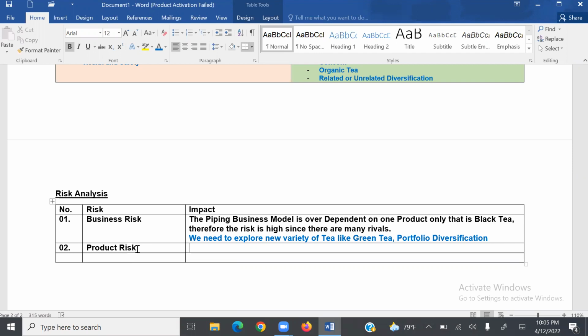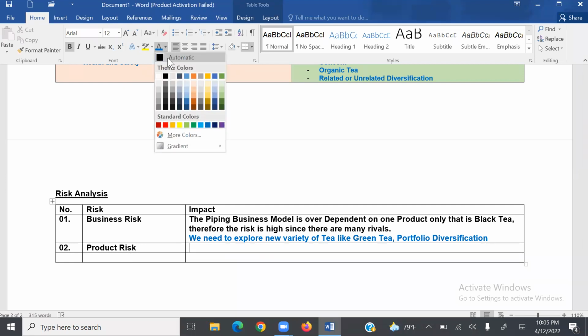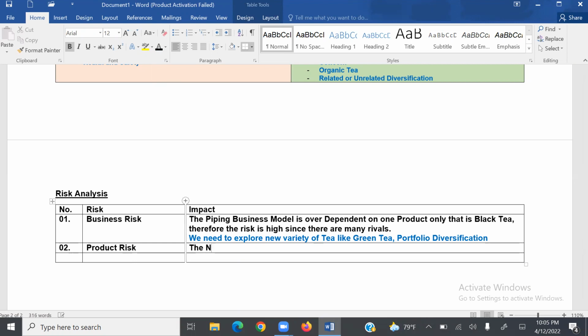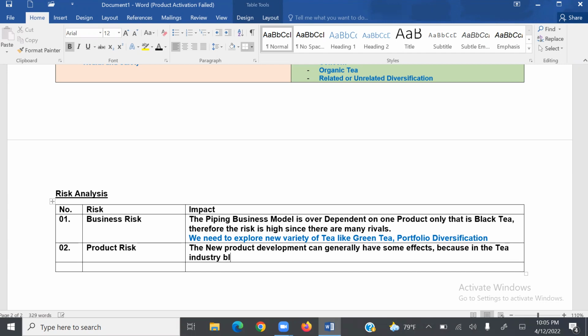But when we go to new product development like green tea, can we face a product risk? Yes or no? Yes, chances are high, sir, but in minimal amount. Not exactly. New product development can generally have some effect, because in the tea industry, blending is important.